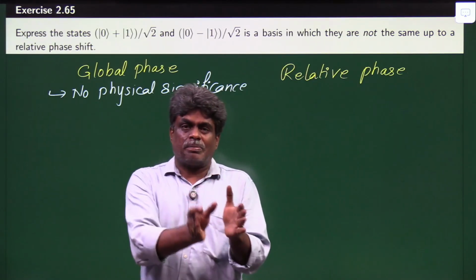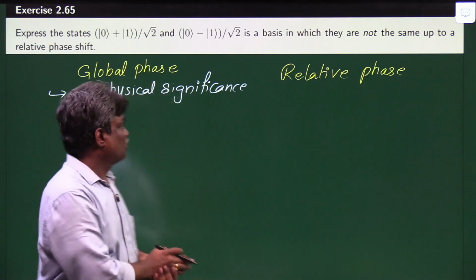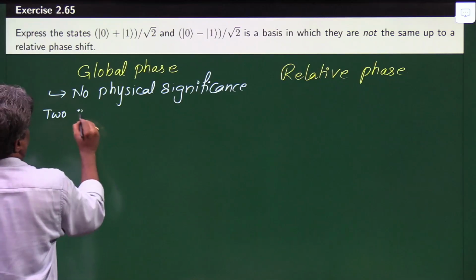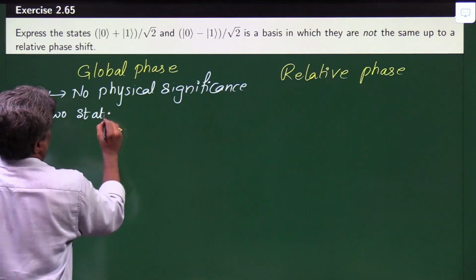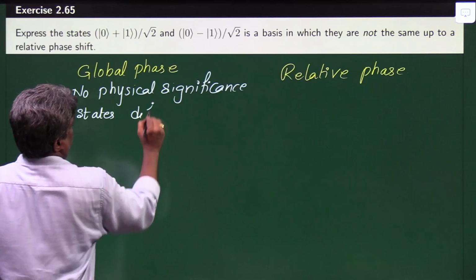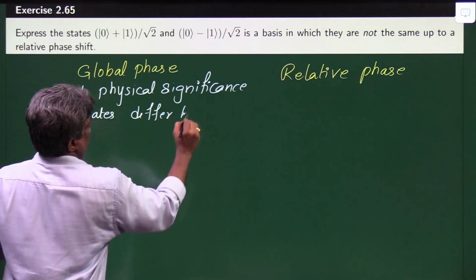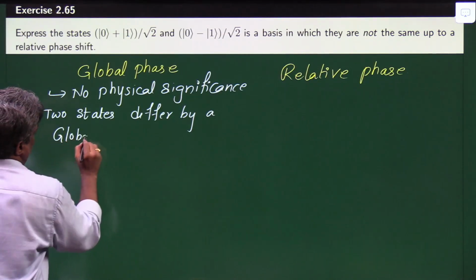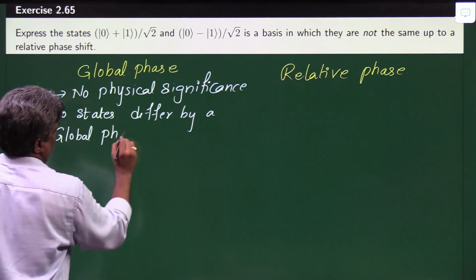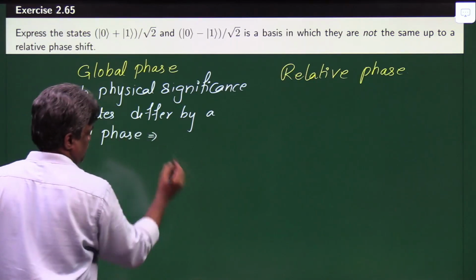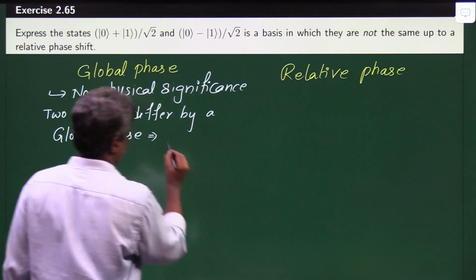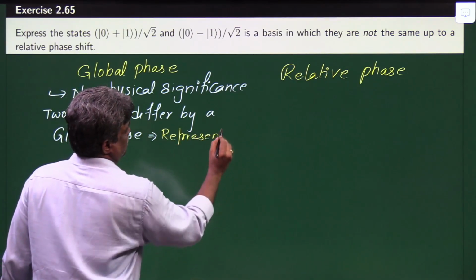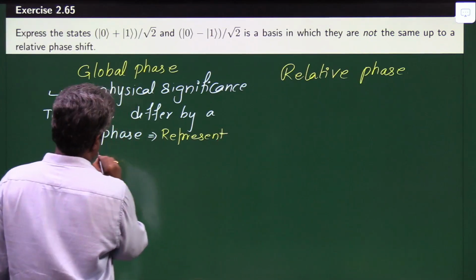Both the states represent the same system. So that means if any two states differ by a global phase, they represent the same system.